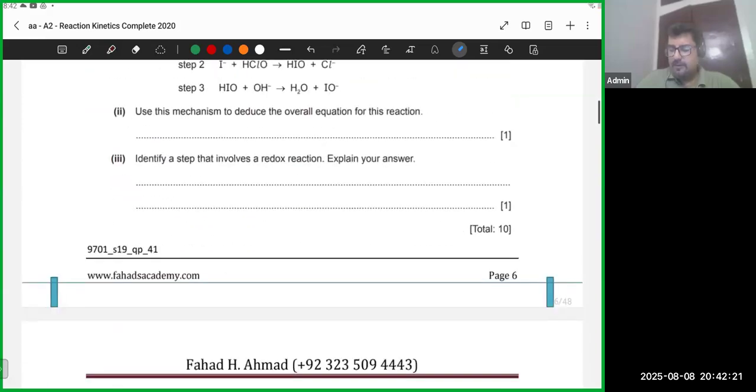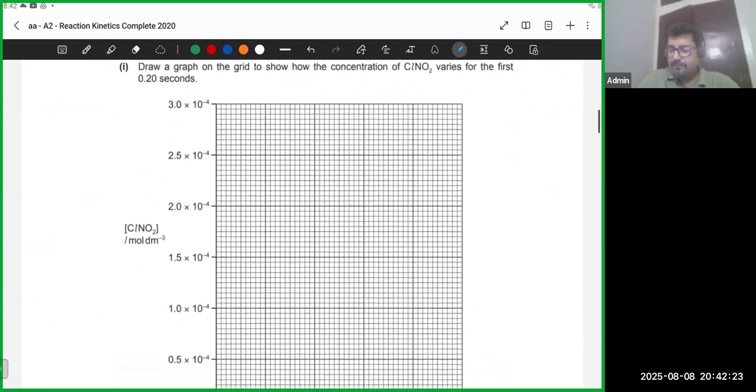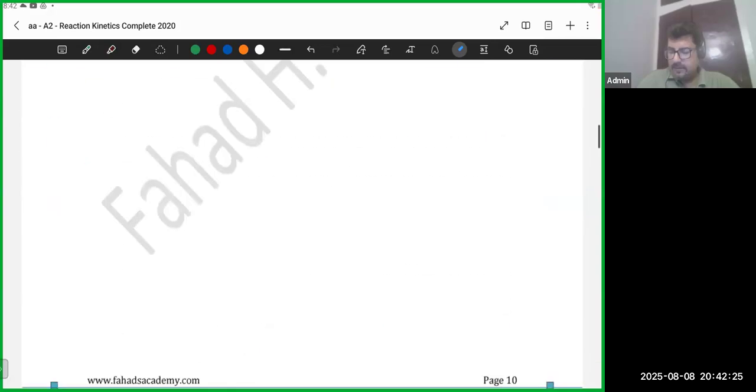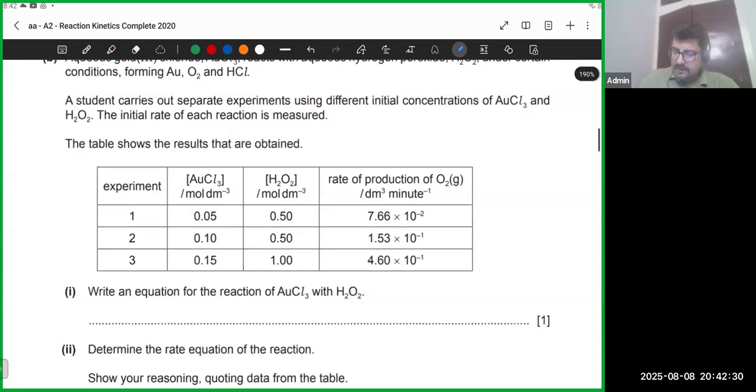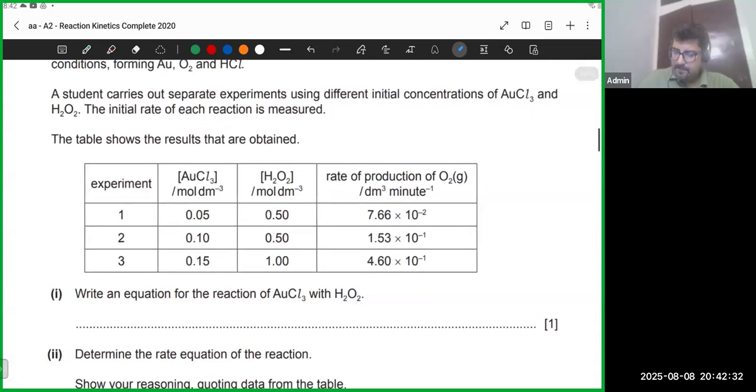आसान वाला पहले एक कर लेते हैं. I guess मतलब ये भी आसान वाला नहीं है क्योंकि इसमें प्रॉब्लम ये है कि these two are affecting the rate of reaction, right?